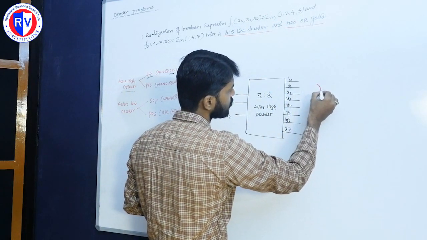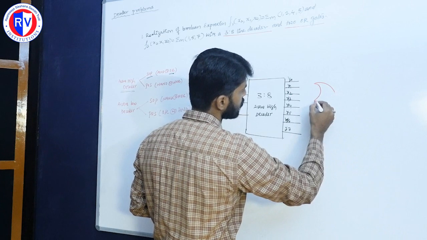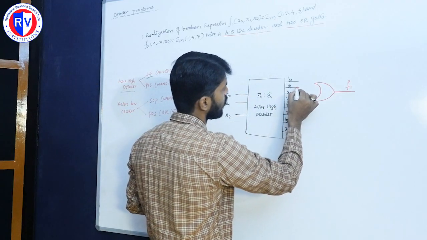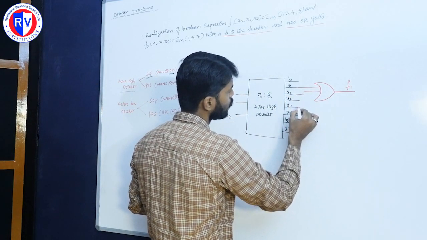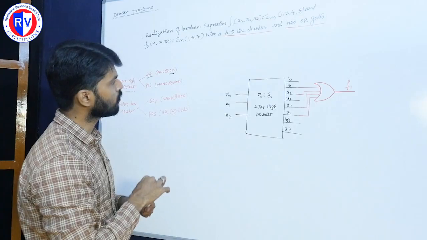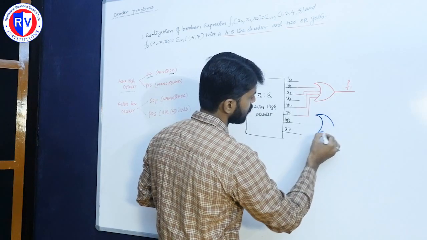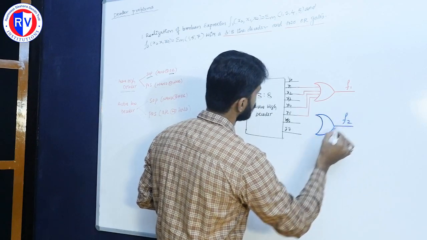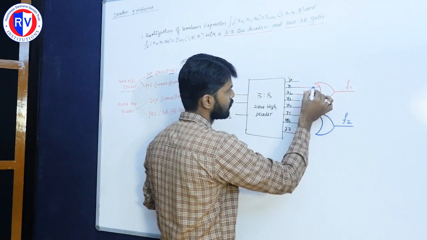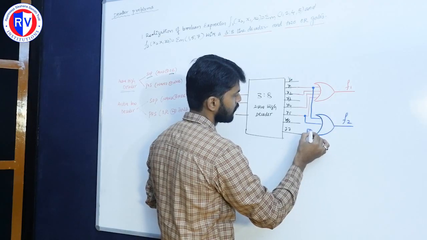I will use one OR gate because they have mentioned it already, and connect the outputs 1, 2, 4 and 5 to this OR gate for the first function. Similarly, for the second equation, f2, which is 1 5 7, I connect outputs 1, 5 and 7.